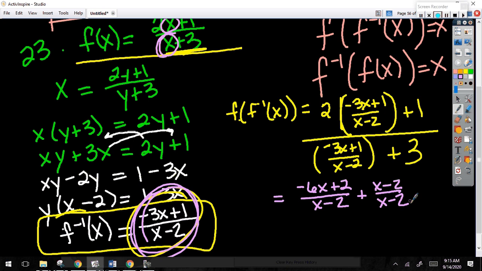Because this is like over 1, and when you multiply fractions, top, top, bottom, bottom. You see what I'm talking about, though? I mean, this is so much algebra, and the concepts are not, that it's the algebra that comes back to bite you in the butt.